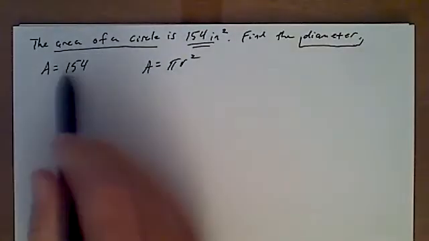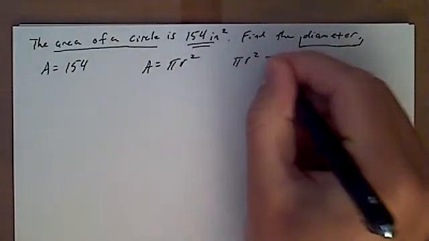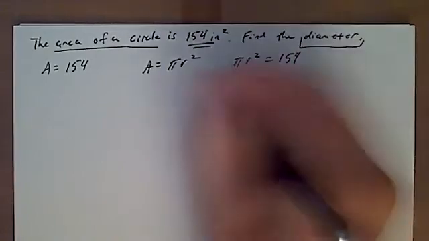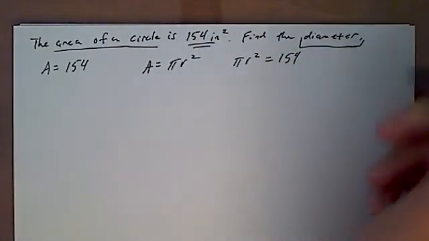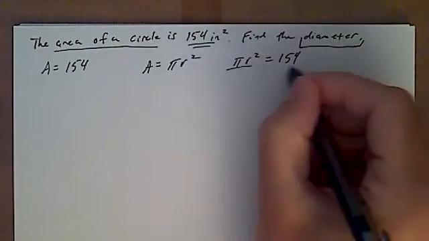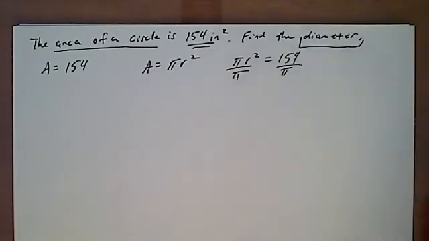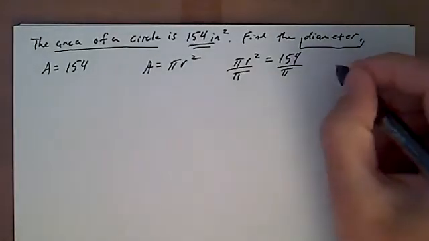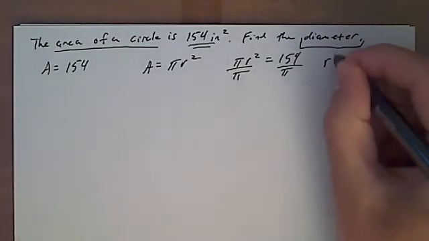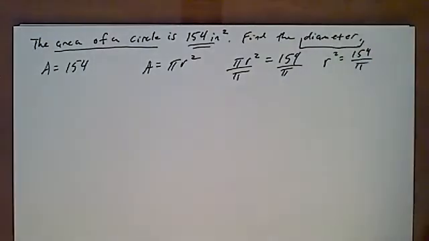And since both of these are area, we can say that pi r squared is 154, or 154 is pi r squared. It doesn't matter, right? We're looking for the radius. Divide both sides by pi. We get r squared is 154 over pi.